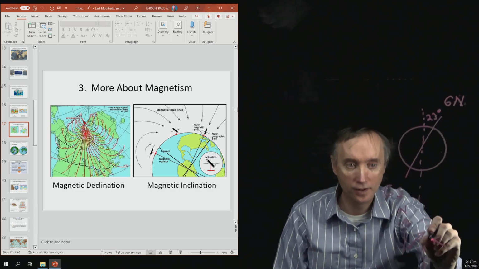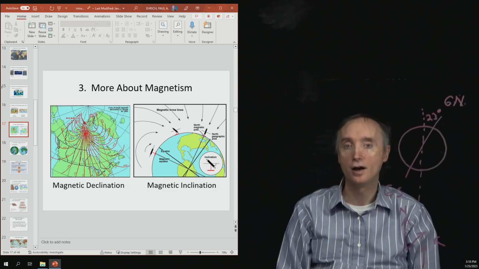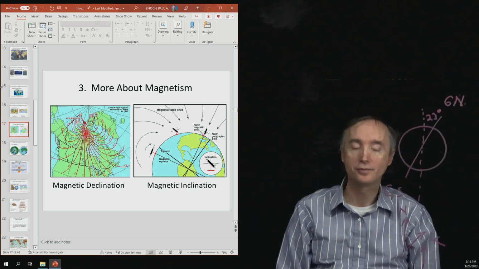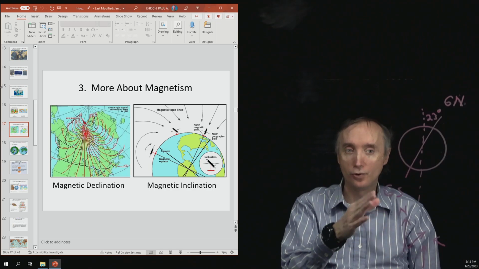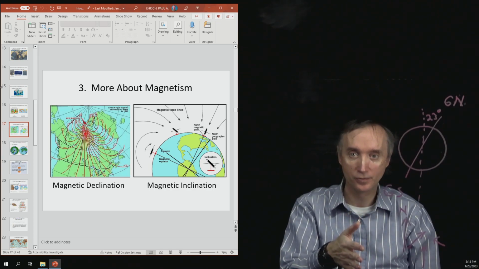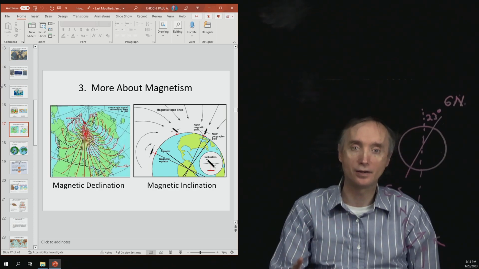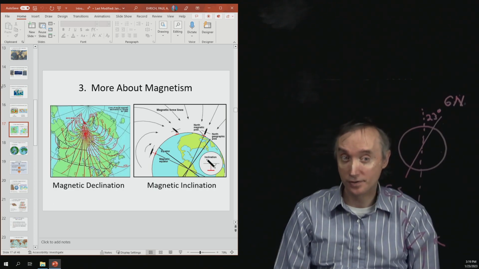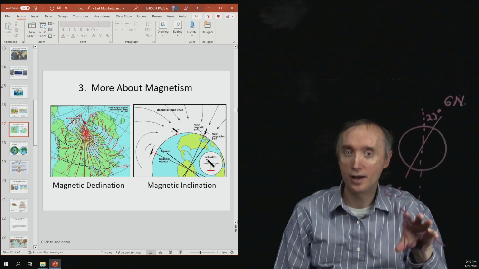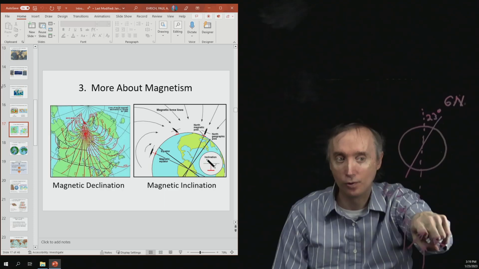Where all of these arrows come together is going to be the location of the south magnetic pole of the Earth, because remember, the north end of a magnet points towards the south end of a magnet. So what we refer to as magnetic north is really a south magnetic pole. The point is that depending on where you're at on the continent, your compass needle will point a different way.